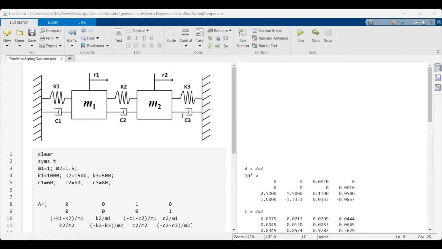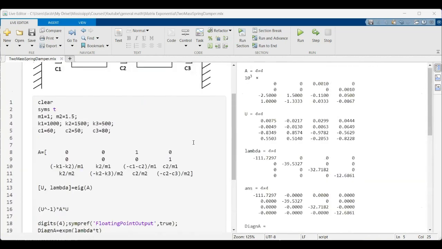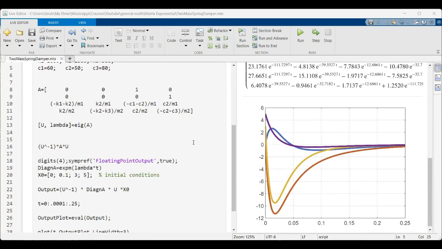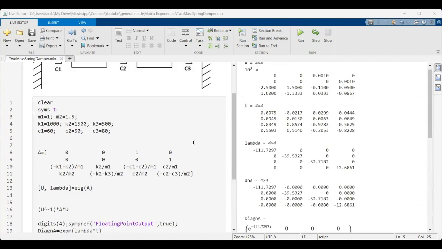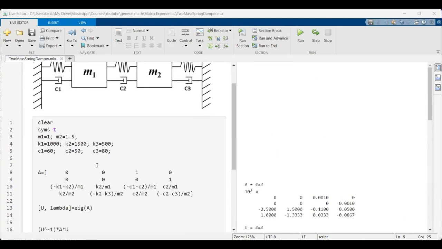All right, this is the MATLAB code, live script, MATLAB version 2023A, for a 2 degrees of freedom system. By the way, I put this code at the bottom of the YouTube video, so you can see that and run it in live script yourself.